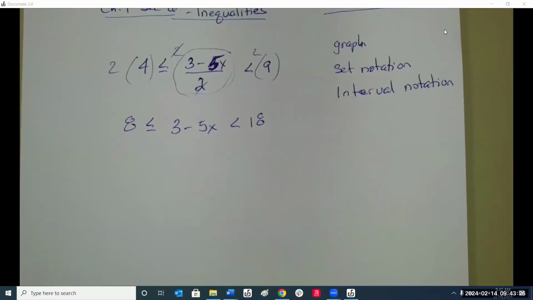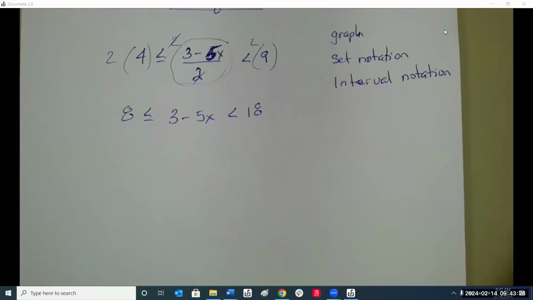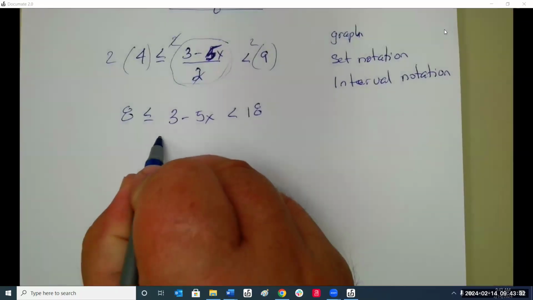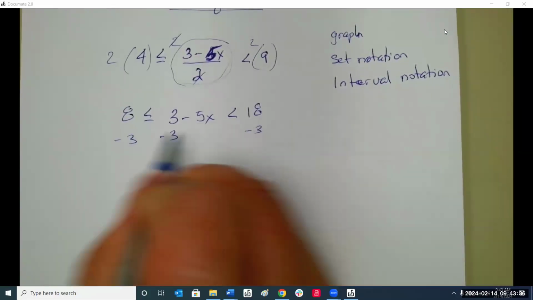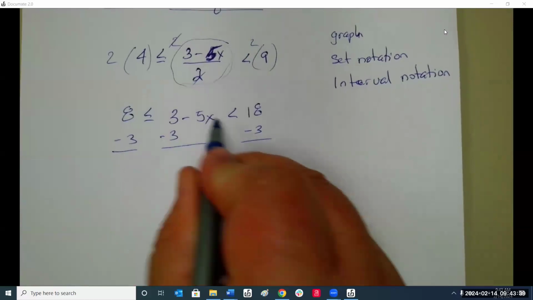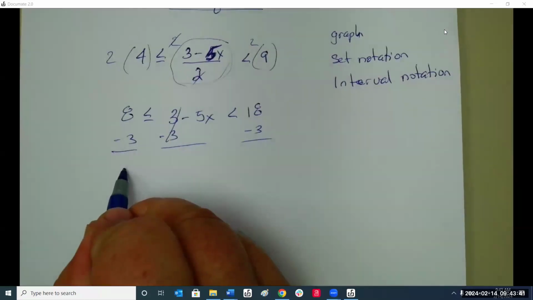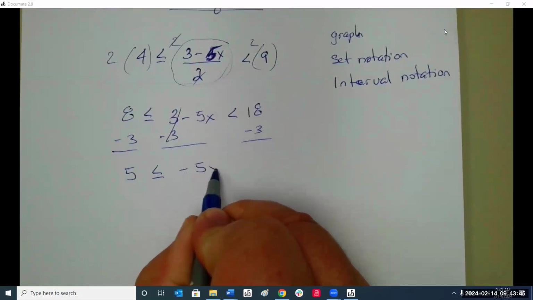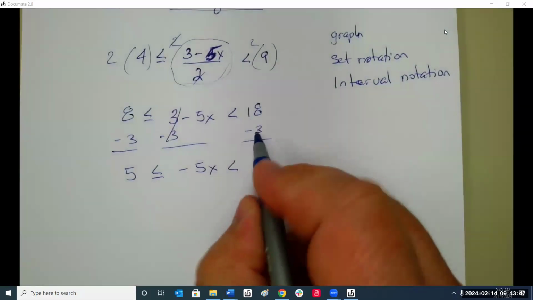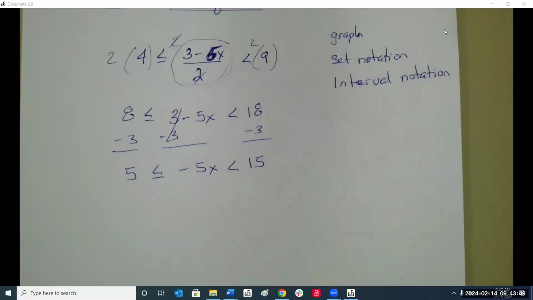That's the first step. Second step. Subtract 3. 8 minus 3 is 5. 18 minus 3 is 15.